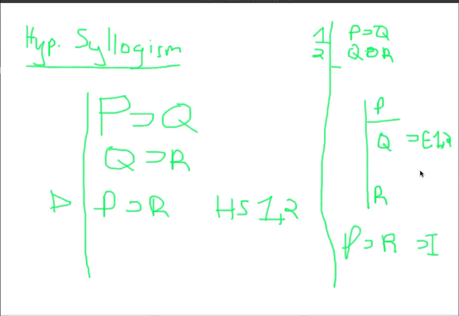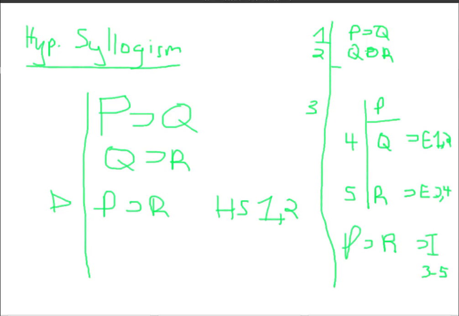It's a little messy there. And then we'd have to use again conditional elimination to go from 2 and 4 to get R. So we'd have to again use conditional elimination. This would be 2 and 4. And then we could do conditional introduction, citing line 3 to 5. So this is what we had to do beforehand.